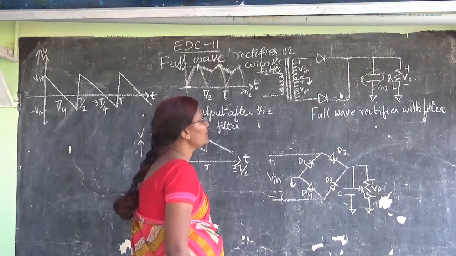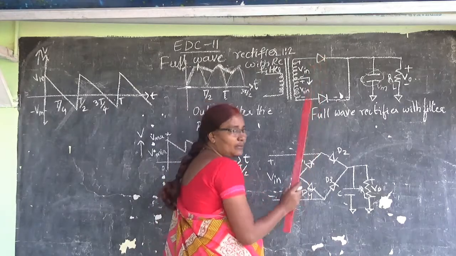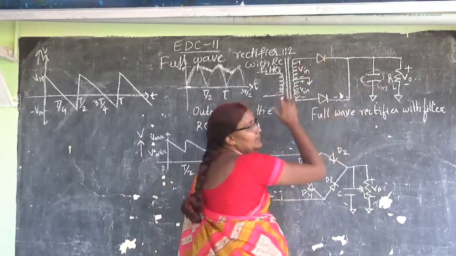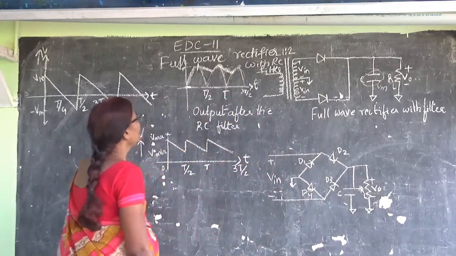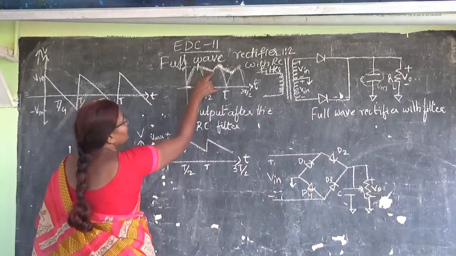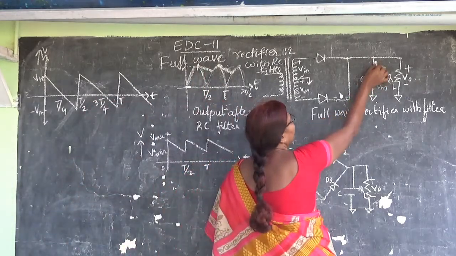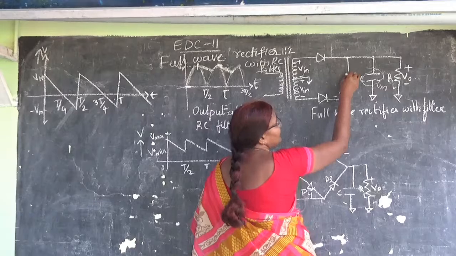So this will be reverse biased and this will be forward biased, and by reaching Vm, this also will be reverse biased. So the capacitor will discharge, the current cannot go to this or this.